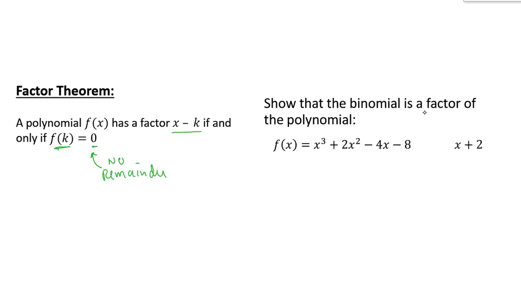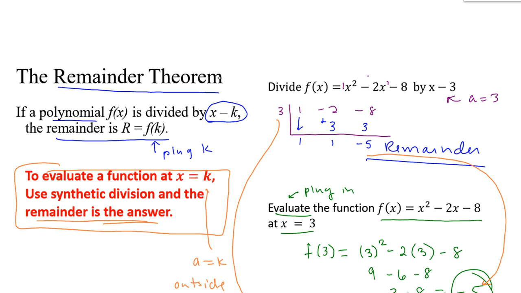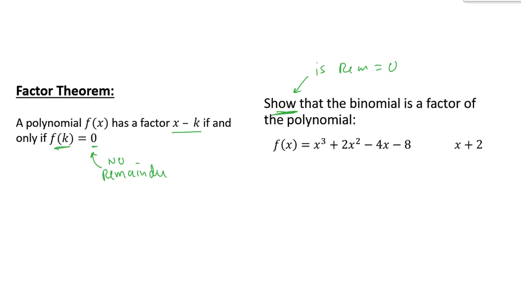So show that the binomial is a factor of the polynomial. What we're looking for is the remainder equal to 0. This is using the previous one, f of k. The remainder theorem says if you divide by this, then the remainder is your f of k. So we're going to use synthetic division to show that it is a factor.